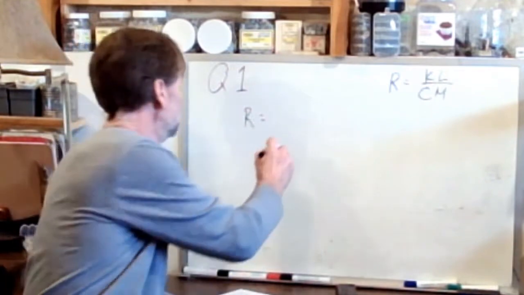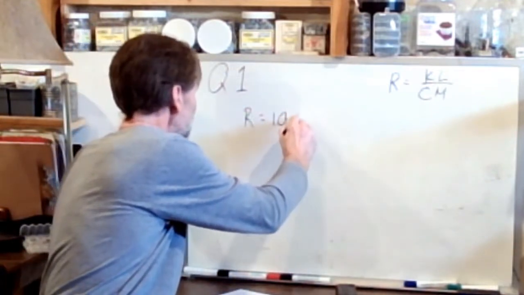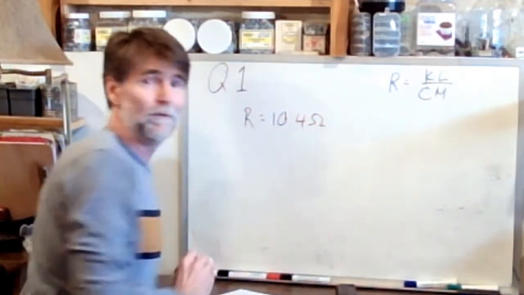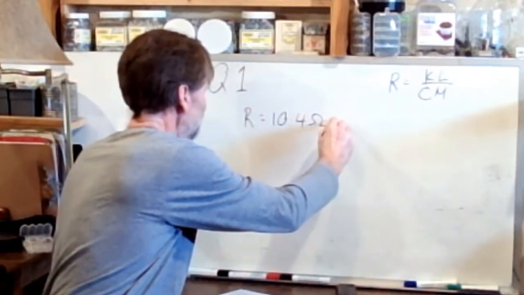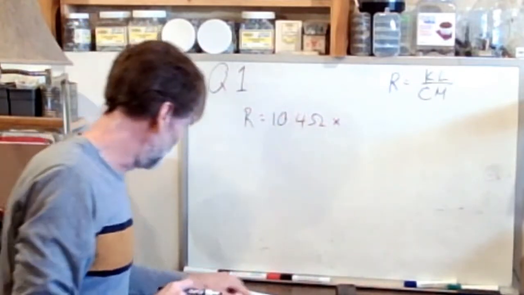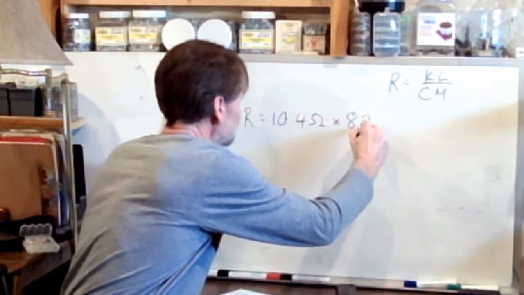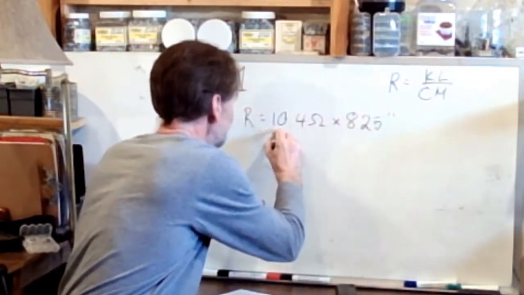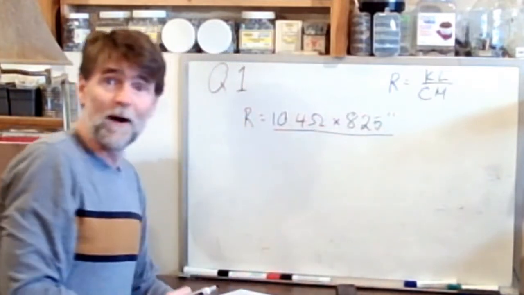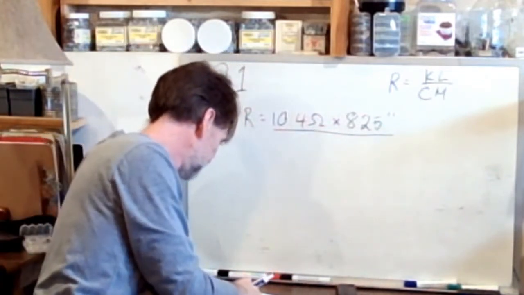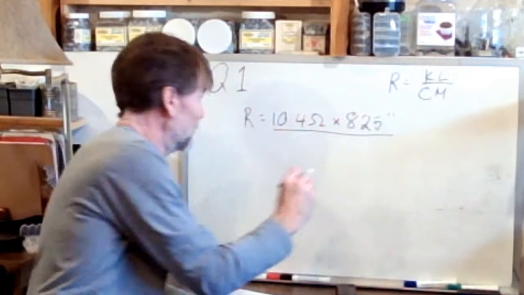So K is going to be 10.4 ohms multiplied by the length of the conductor in feet. We're told it's 825 feet, divided by the circular mill area. And we're told it's 250 circular mill.